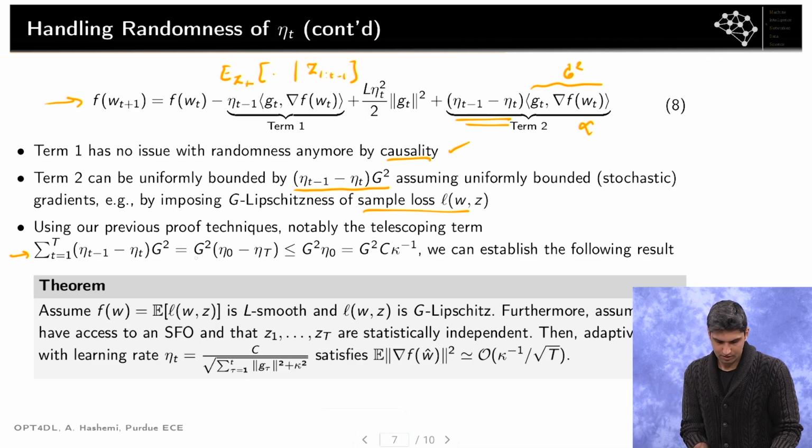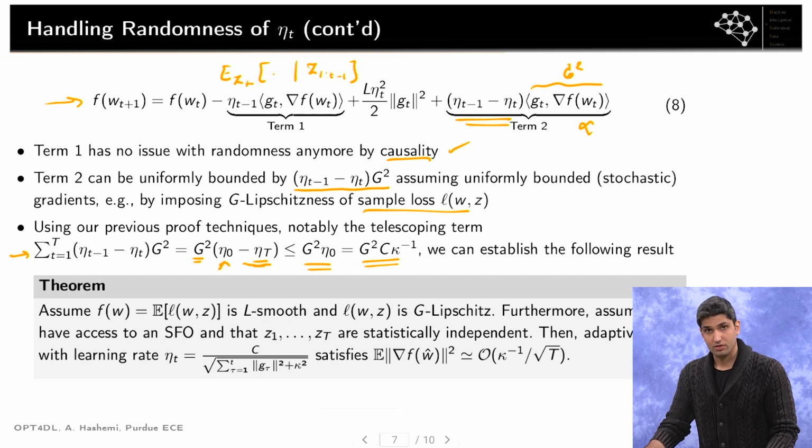So this will be basically exactly G squared times the 0th learning rate, that's why we defined eta 0 in the previous slide, minus eta sub t, the last one. So this term is non-negative, so this term is completely negative. I'll drop it. I'll get this upper bound. And then by definition of eta 0, I'll get a term that is completely constant with respect to the total number of iterations.